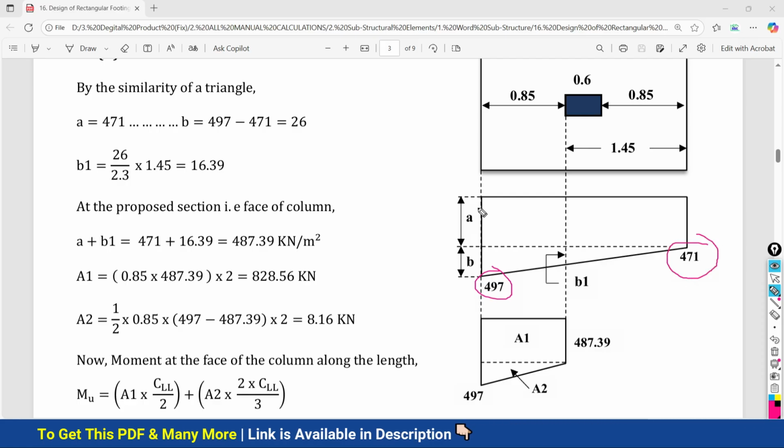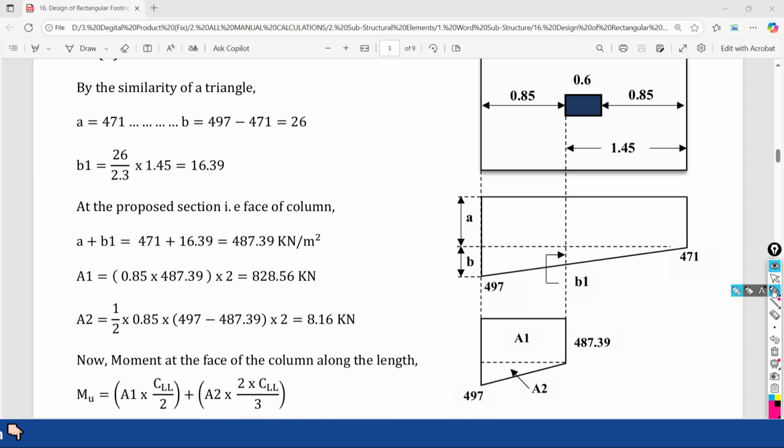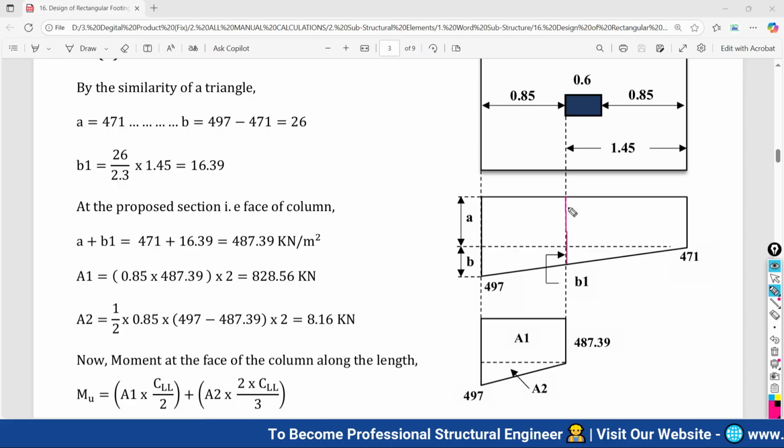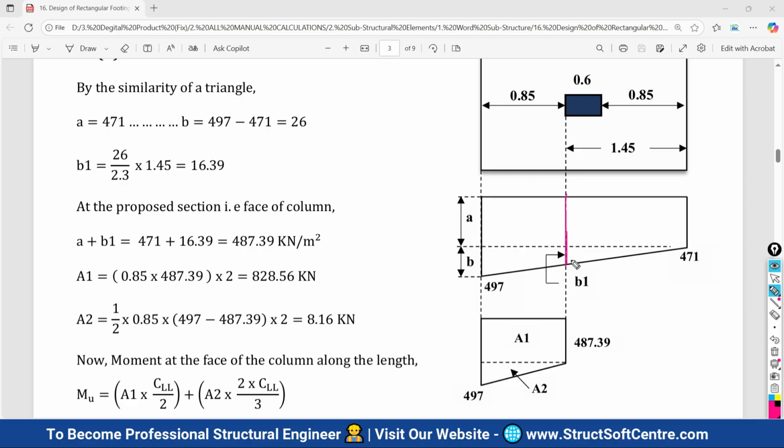So we have the pressure value at the edges, at this and at this, but we want to calculate the pressure value or intensity of the pressure at the face of your column. This is our objective. Without calculating the pressure at this face of your column, you cannot proceed to the calculation of the moment.